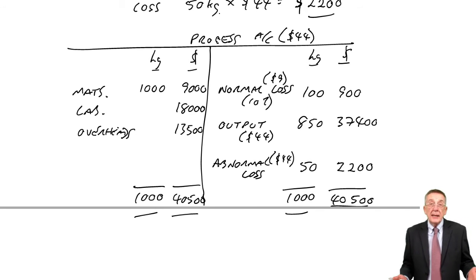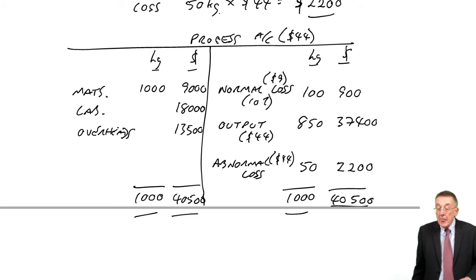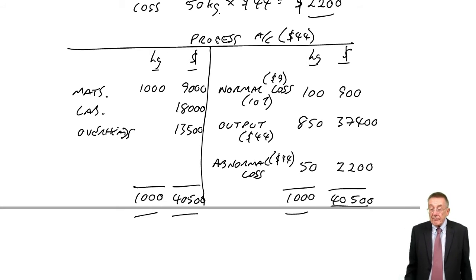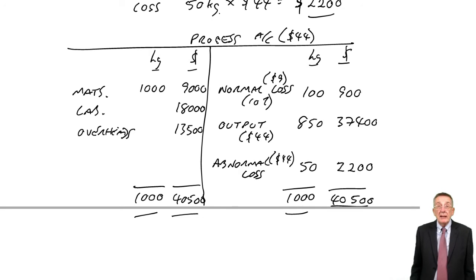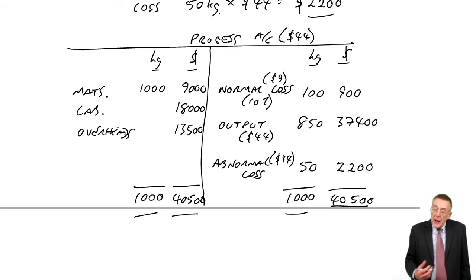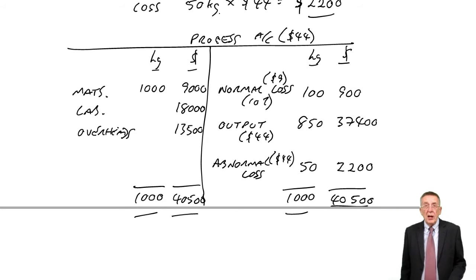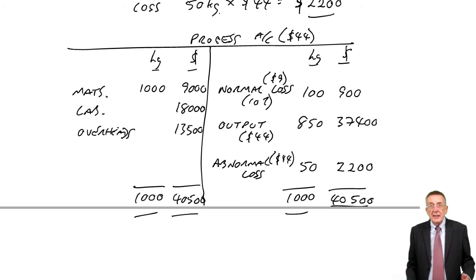Now, I've said lots of times, so I'm going to say one more time. You can't be asked to write up a full process account. And for the numbers, it's not relevant. We've done our costings up above. The most they can ask you is, if there's an abnormal loss, do we credit or debit, that sort of thing.